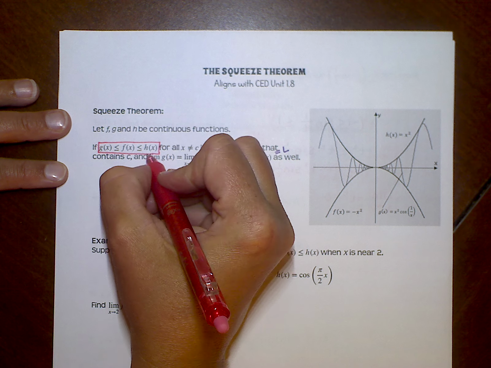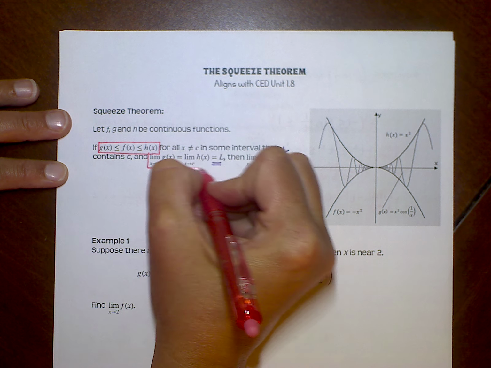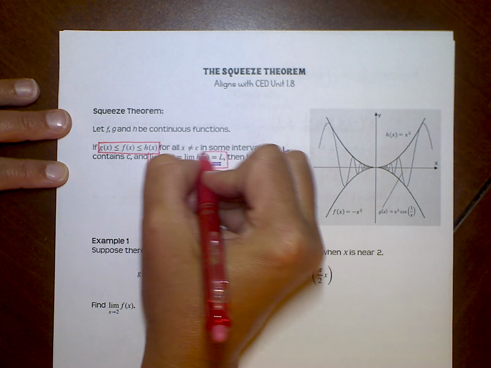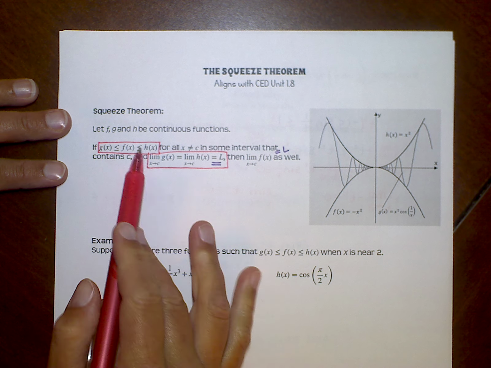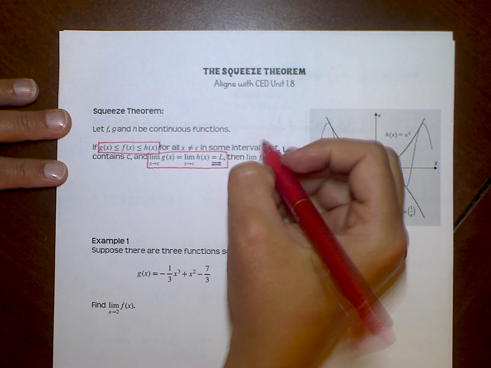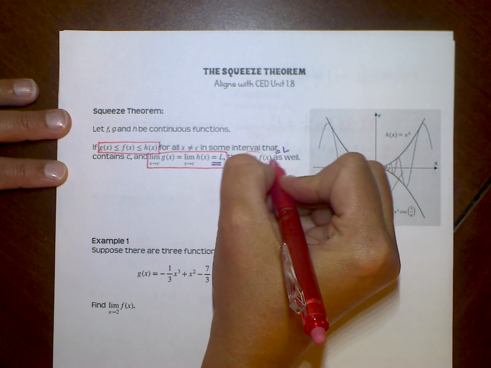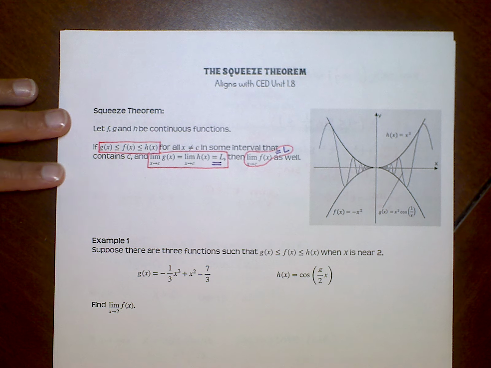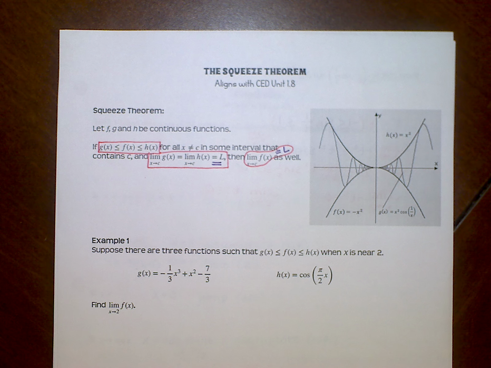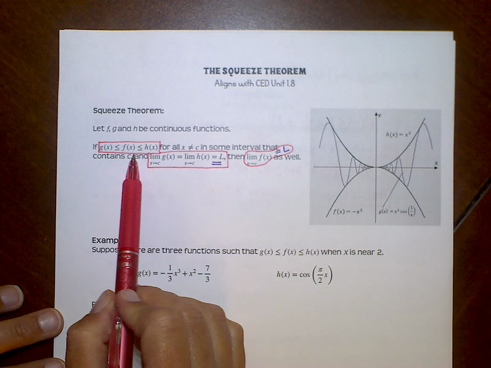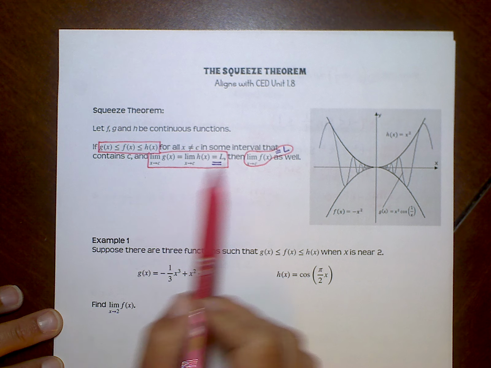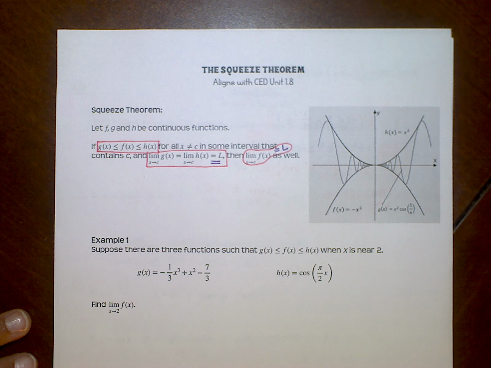And then we would have to state that this piece is true. And then once we have our conditions, we can say, okay, now we know that this must be true as well. Okay? So when we do our justifications, we're going to say, since this is true and this is true, then this is true as well.